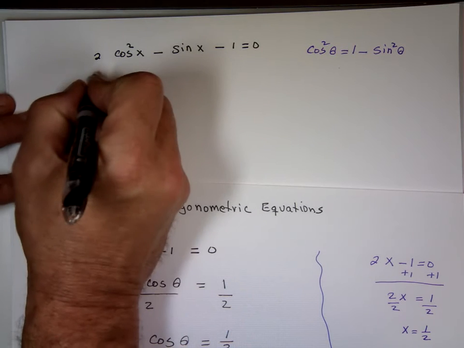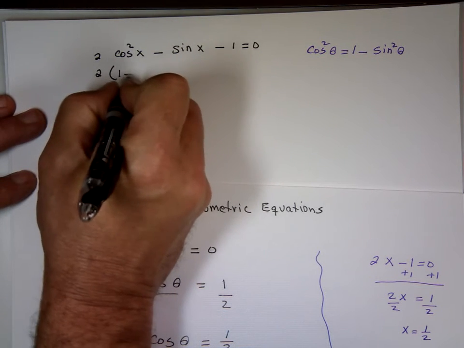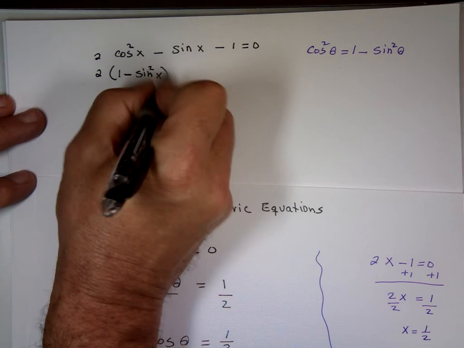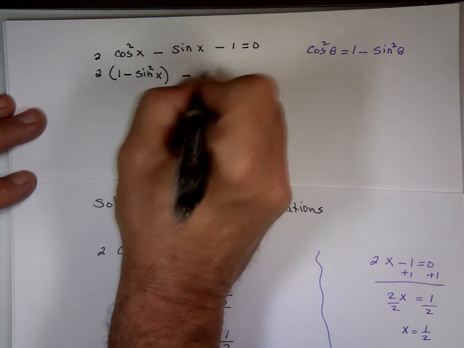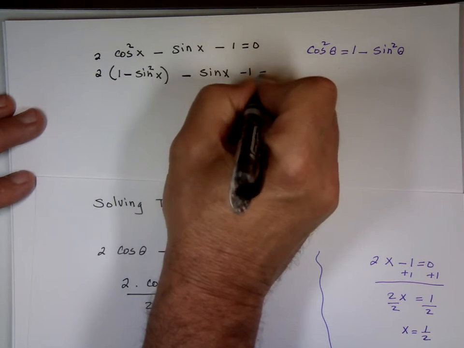So here we go. 2 times, I'm going to replace the cosine squared with what? 1 minus sine squared, minus sine of x minus the 1.